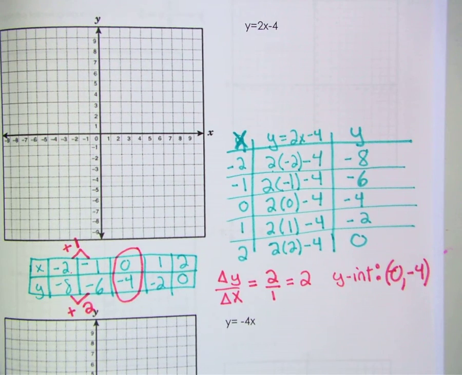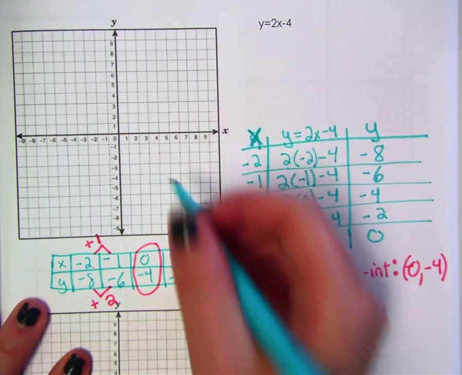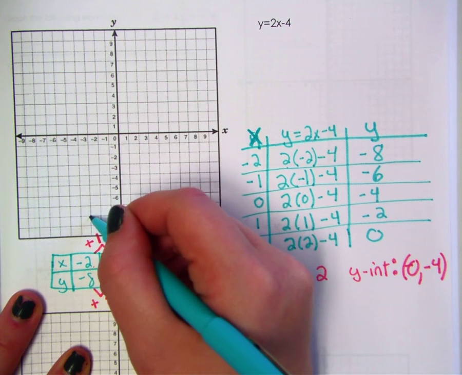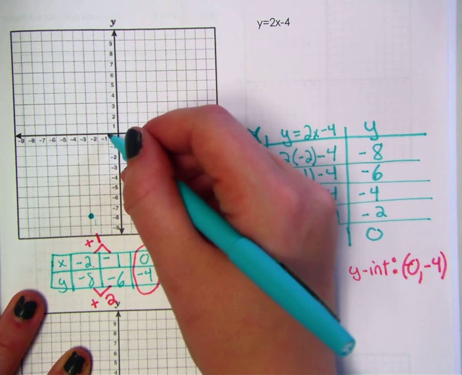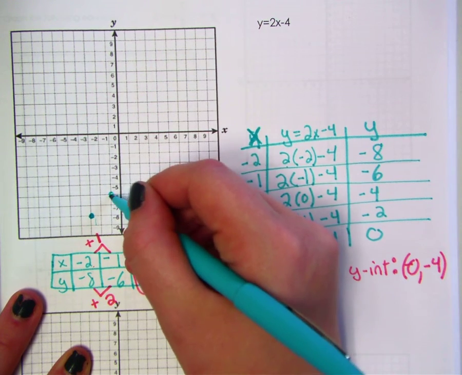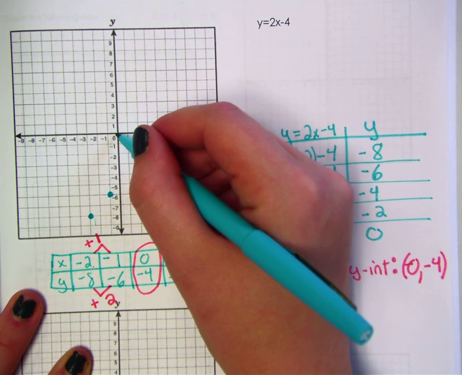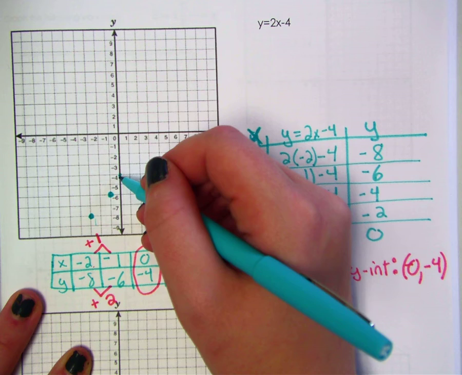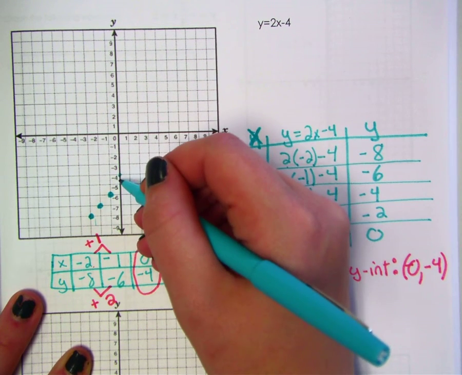Alright. We can also graph these points up here, so let me graph them. -2, -8. You should graph them on your own paper just to see what we're talking about. -1, -6, 0, -4. Oh, I graphed this first one wrong.